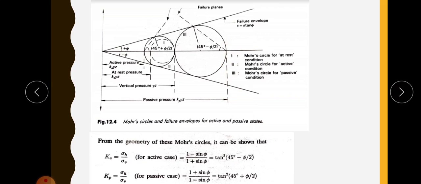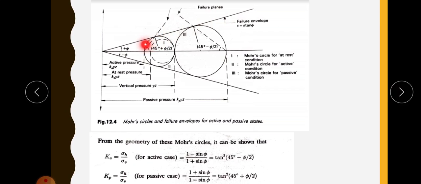In the case of active earth pressure, the retaining wall is moving away from the backfill soil, so its earth pressure will decrease. This is the origin for the active condition, and since the earth pressure is getting reduced, the circle moves like this. When the pressure is reduced and failure occurs, the Mohr circle touches the failure envelope.